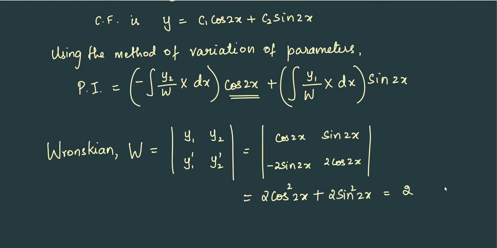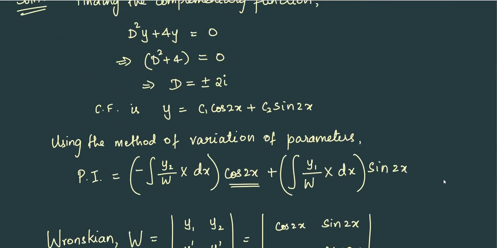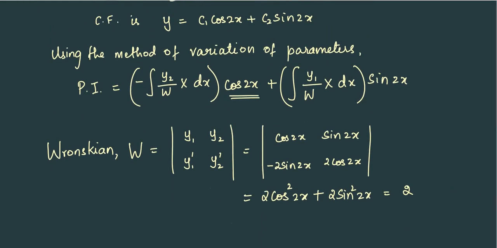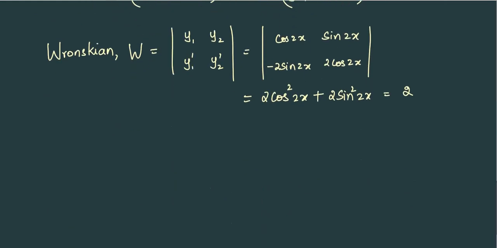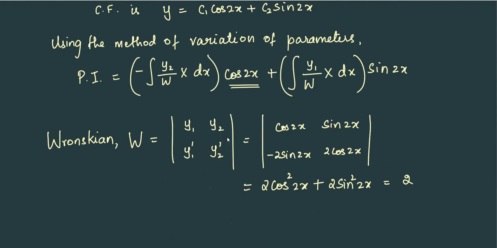So the Wronskian is simply 2 times cos square 2x plus sin square 2x. You will get 2. Okay, this is the Wronskian. So this was a simple equation.